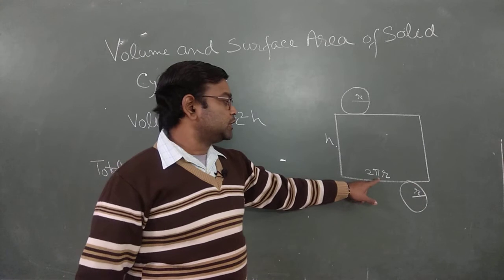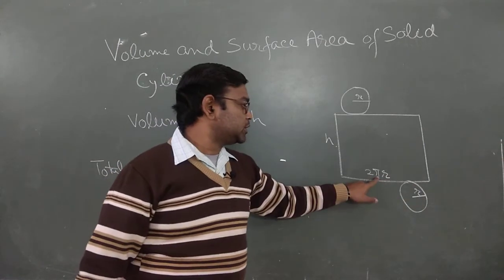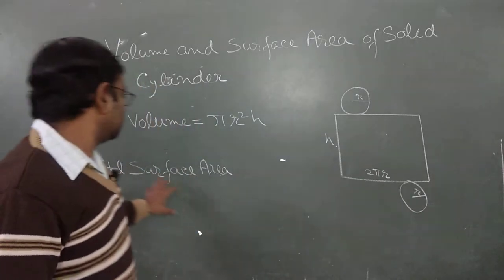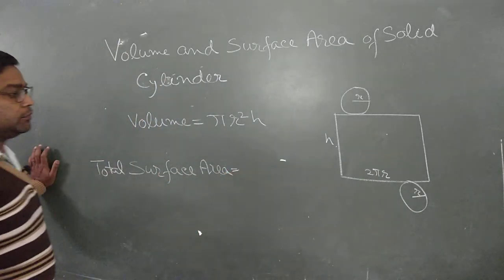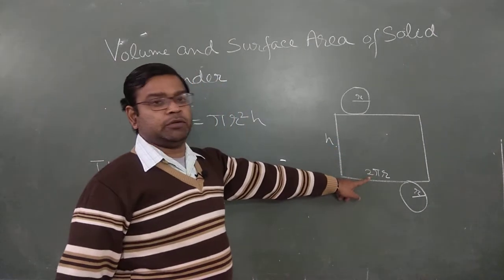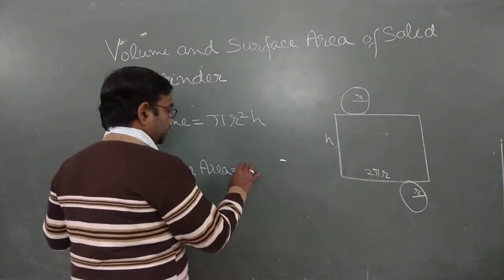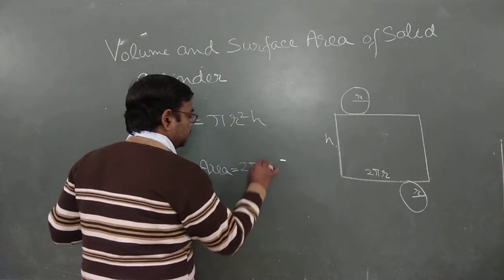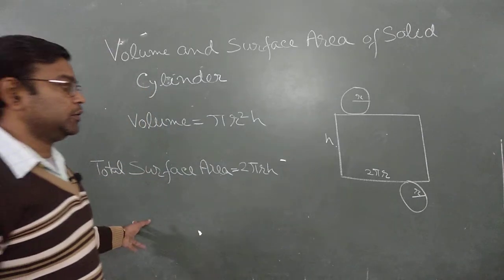This one is the circumference of the circle, so this is your 2 pi r. Now come to this point. What is the total surface area? First we find the area of this one by using length into breadth: 2 pi r into h, that is 2 pi r h. Clear?